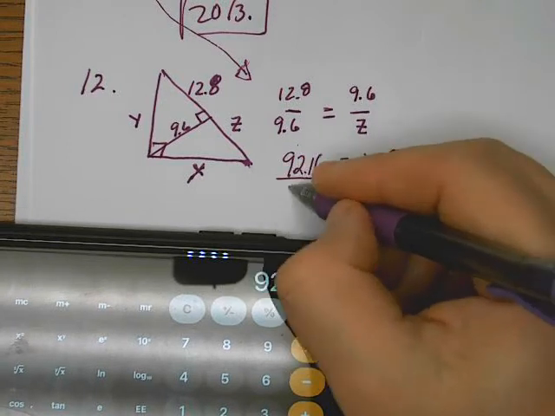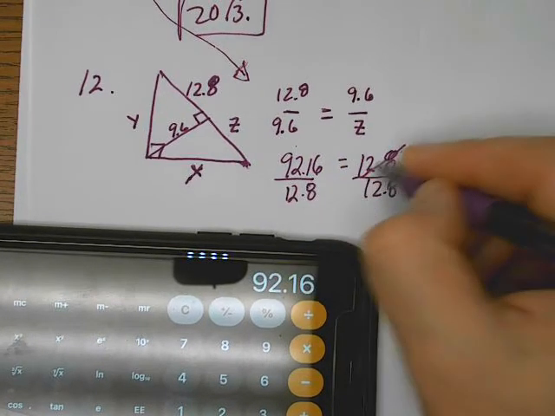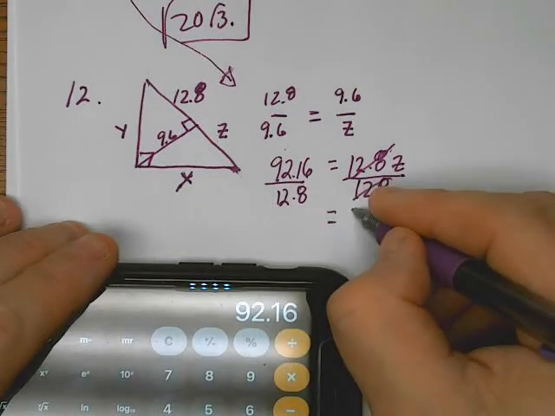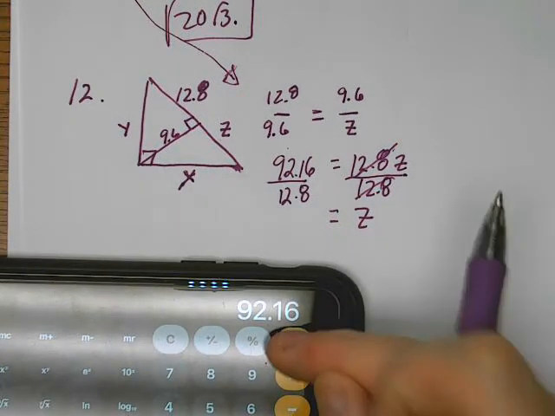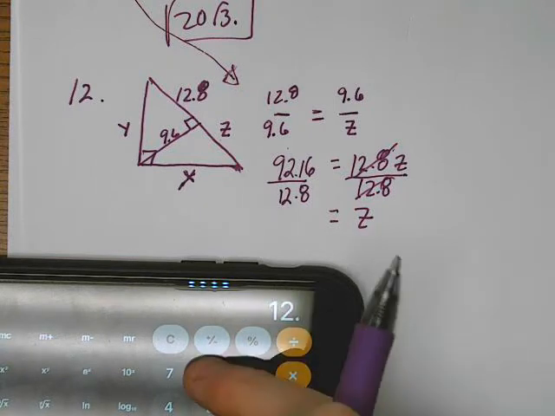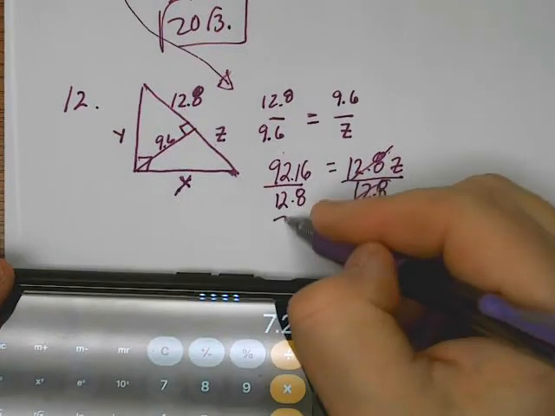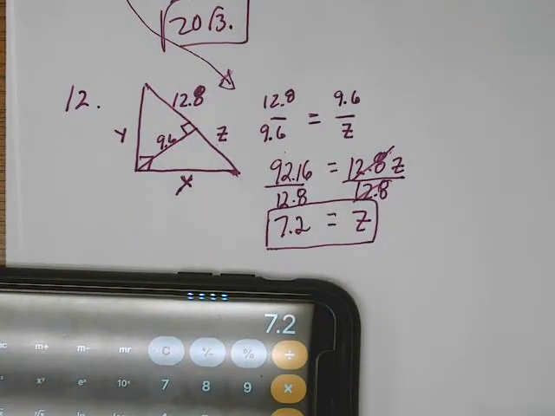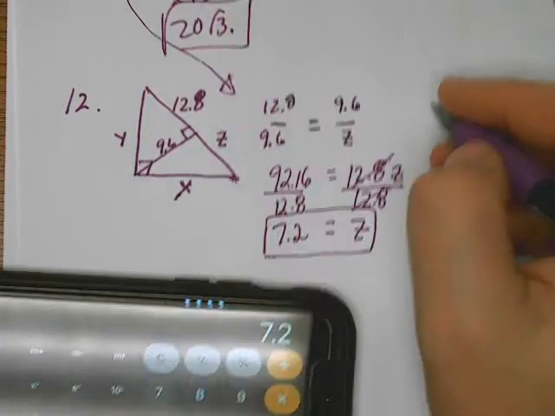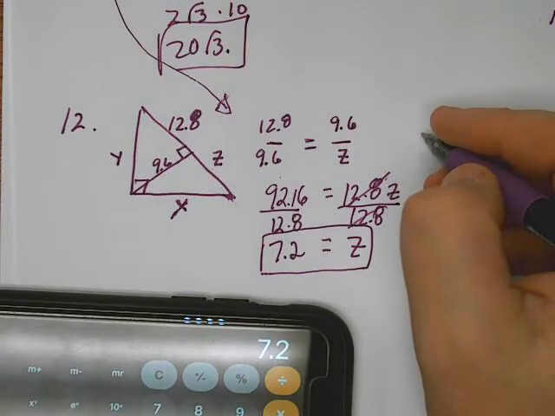We divide by 12.8. All right, so then z is equal to 92.16 divided by 12.8. And so we have an even number of 7.2. All right. Everyone good? Okay.